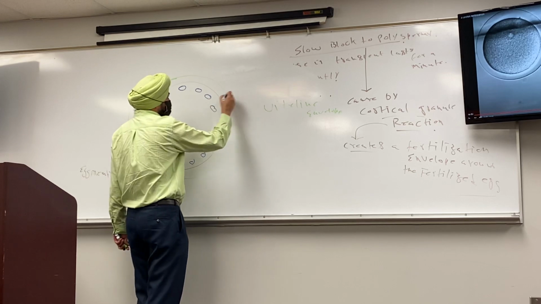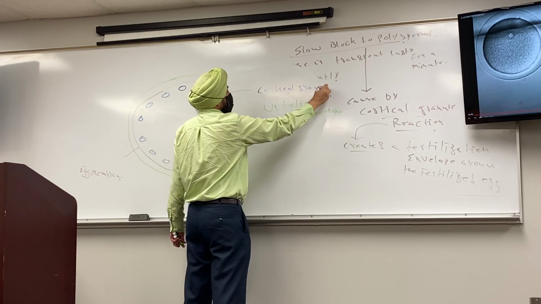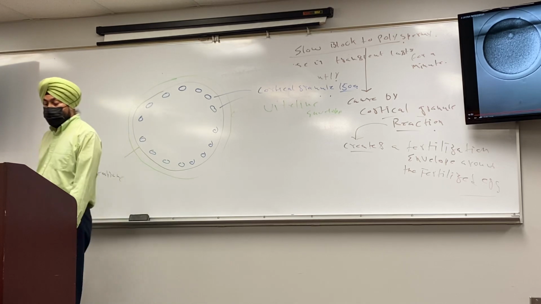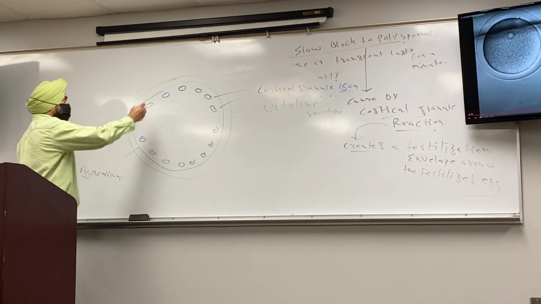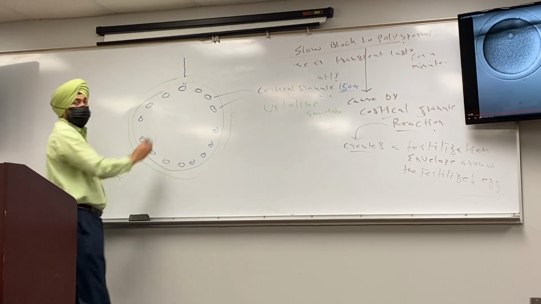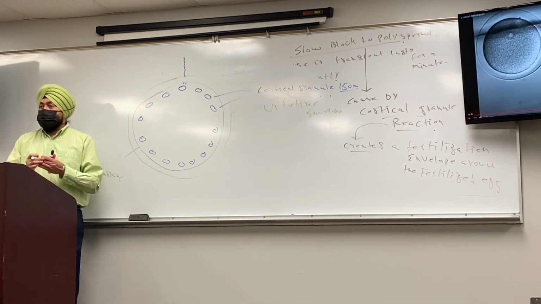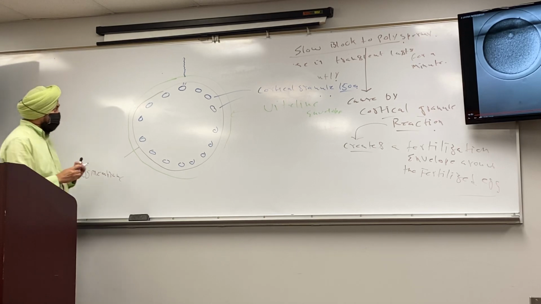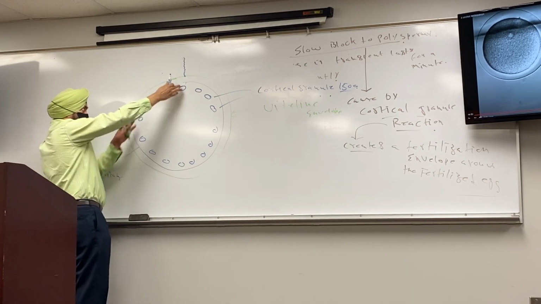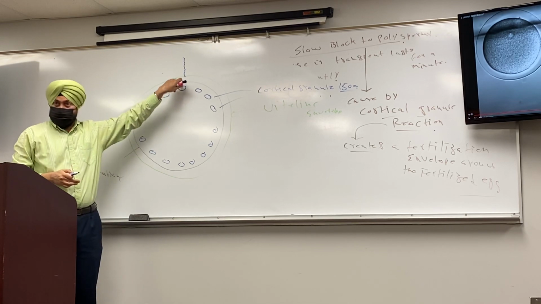They are around, almost 1500, we said, present in the sea urchin egg. Say, for example, this is the place where the sperm has entered the egg. The fusion has taken place right here. The process will start, the cortical granules will start at the point of entry of the sperm.